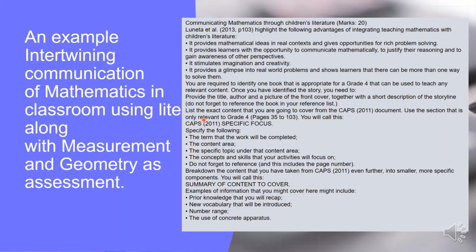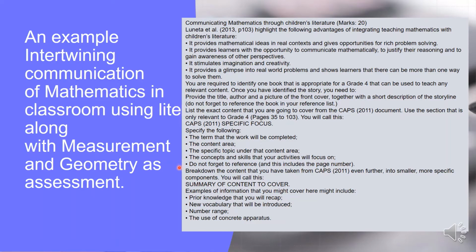You will call this CAPS specific focus. Specificity means stating the term in which the work will be completed, the content area, the specific topic under the content area, and the concepts and skills that your activity will focus on.